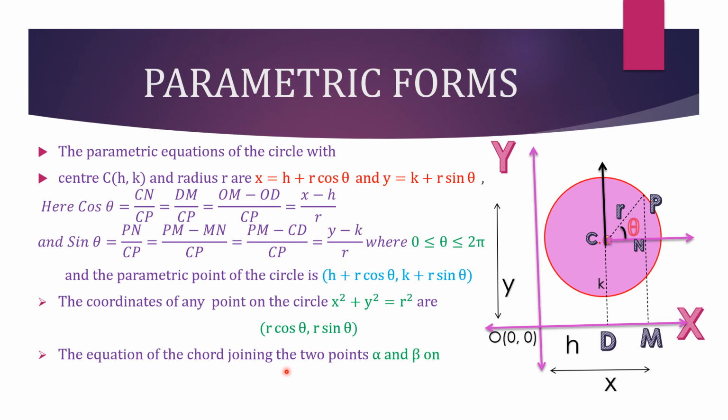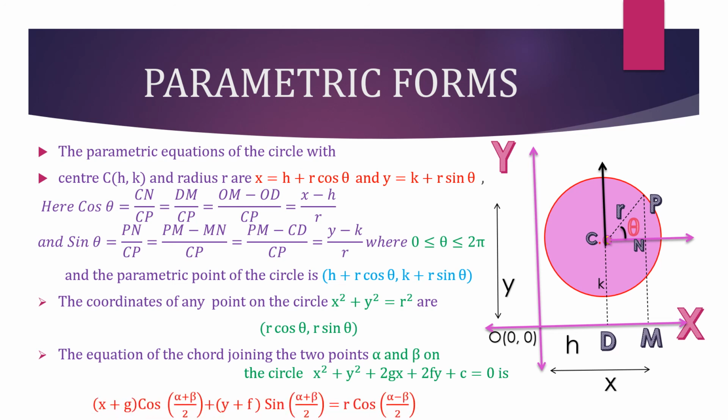Here the equation of chord will be (x plus g) cos of (alpha plus beta) by 2 plus (y plus f) sin of (alpha plus beta) by 2 equals r cos of (alpha minus beta) by 2. This is the equation of chord. Here alpha and beta are 2 points in the parametric form.